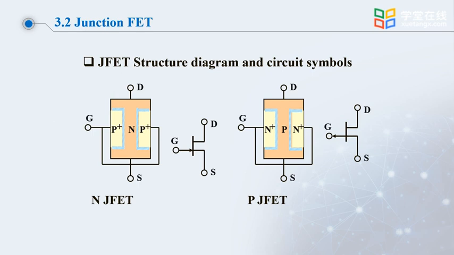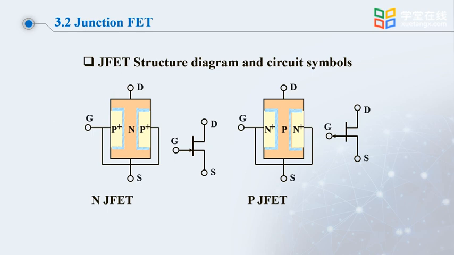On the right is the P-channel junction FET. It has two N-type regions on the left and right sides of the P-type material. The two N-type regions are connected by an electrode from the outside, which we define as the grid. The upper and lower ends of the P-type material we define as the drain and source.